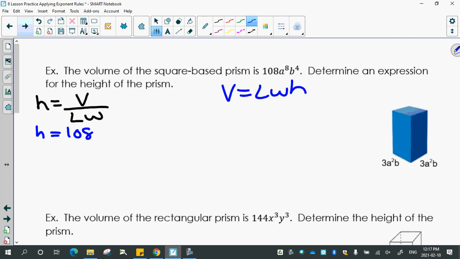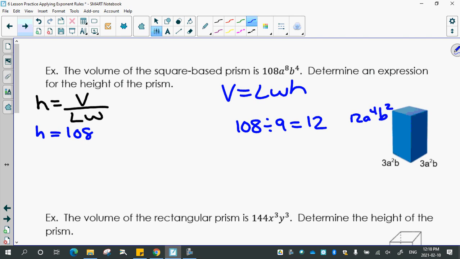Okay. So you're treating the numbers separately. You did 108 divided by 9, and you got 12. And then I just added up the exponents. And so what did you get? A4, B2?